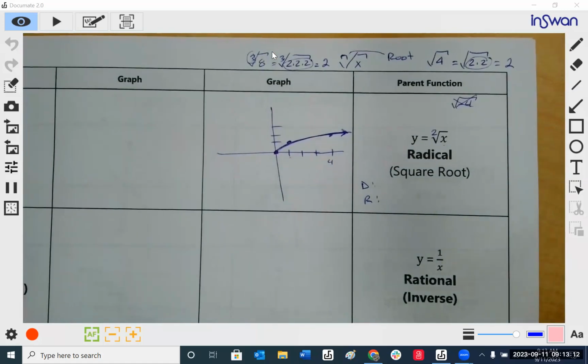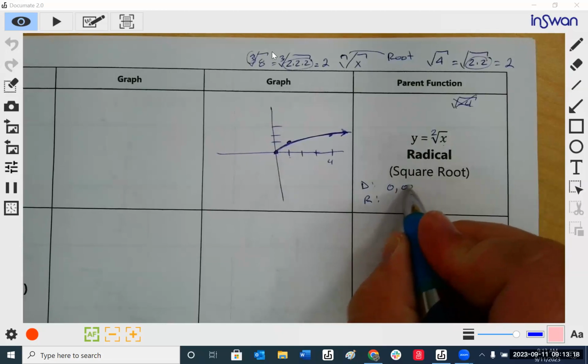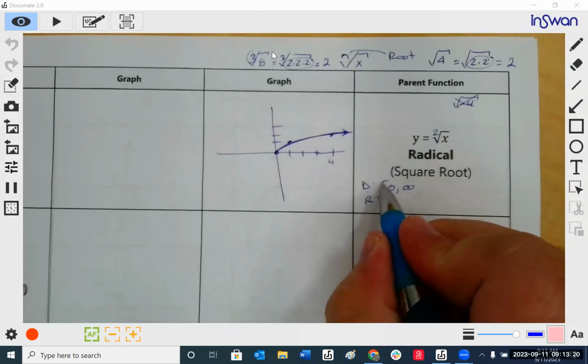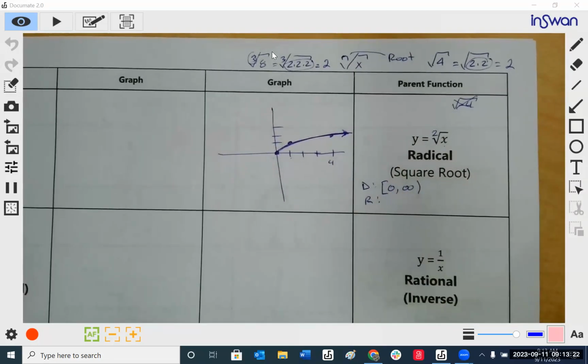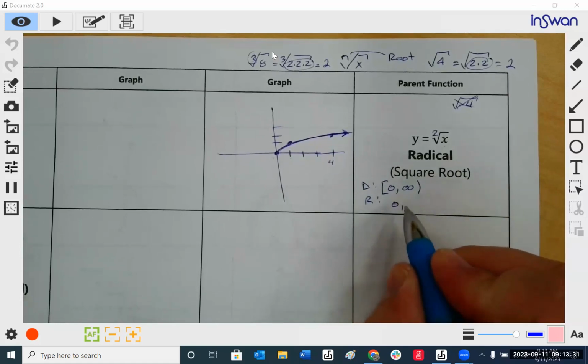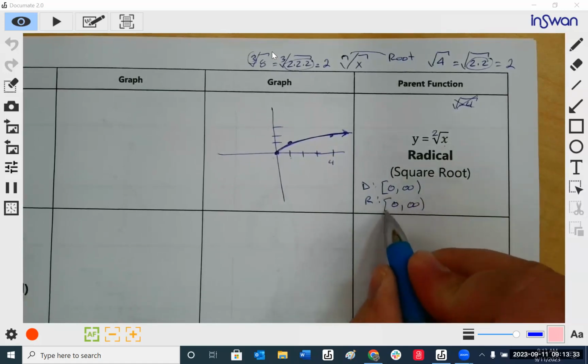What's the domain? Very good, 0 to infinity. Since I can use 0, I put a bracket there. How about the range? What's the smallest number I can use? And it goes up from there, and it's a bracket.